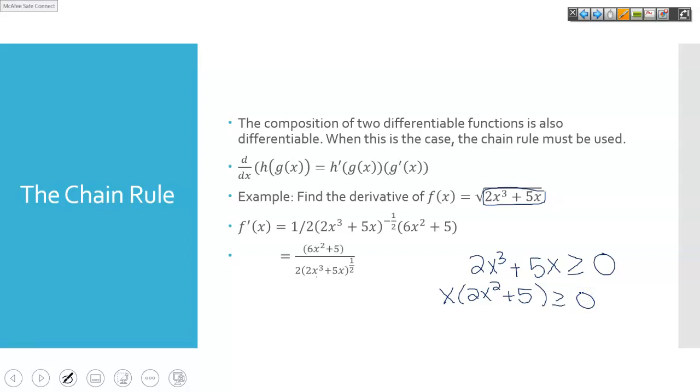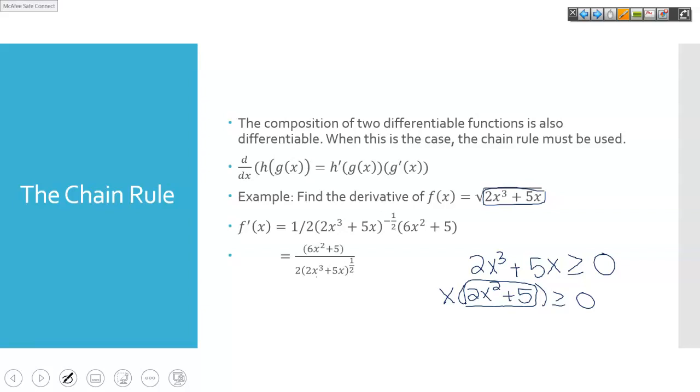That's a creation of a number line, right? So this right here will always be positive because anything squared is positive.